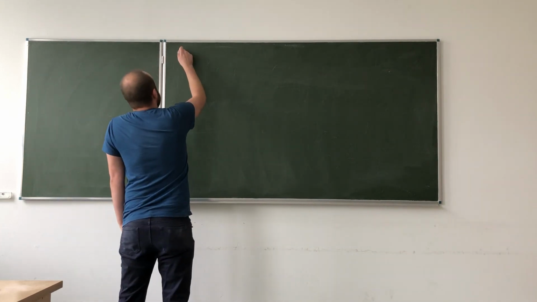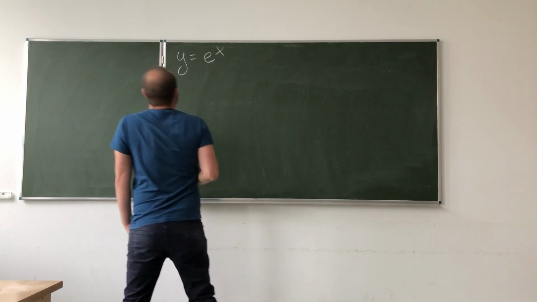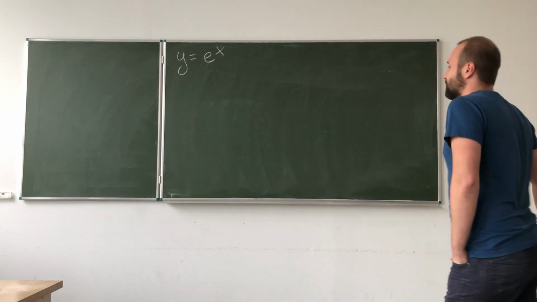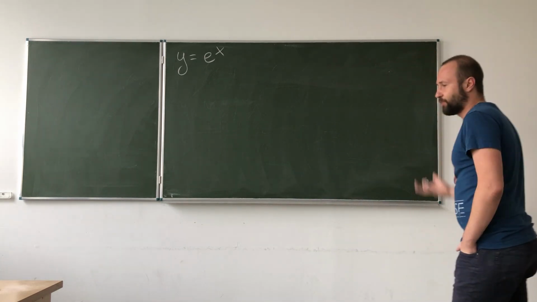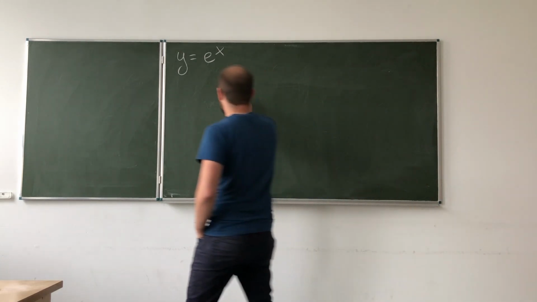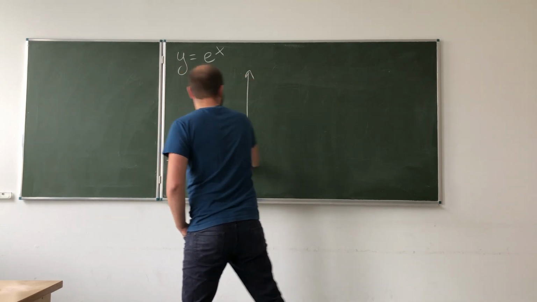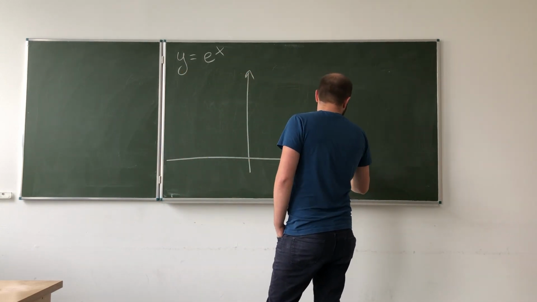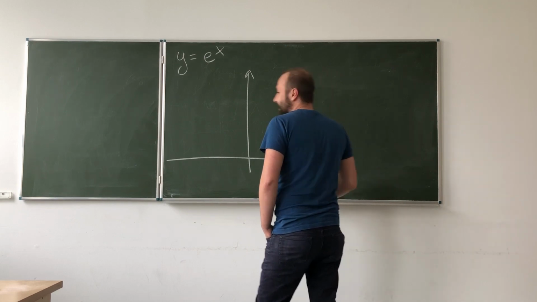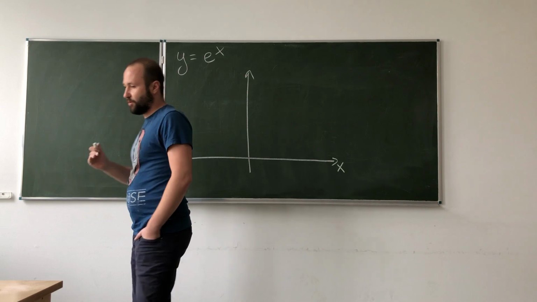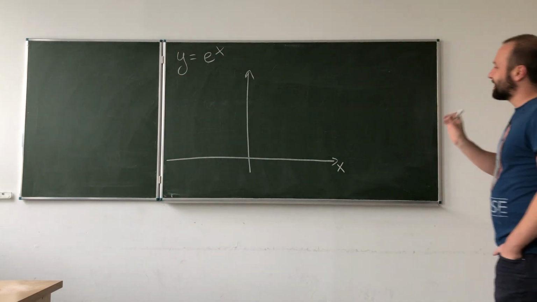Okay, so first, let's start with function y equals e to the power of x. Look, we already discussed general properties of exponential functions, and actually there is not much more that we need to add over here. Of course, the exact shape of the function will be slightly different.